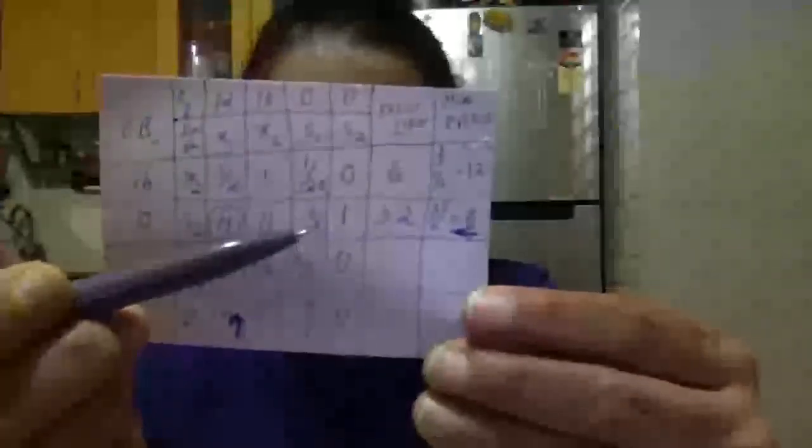The values are 4, 0, minus 2 by 5 and 1. So you divide all of them by the key element, that is 4. I'll just give the values. I'm sure you will be able to do this.